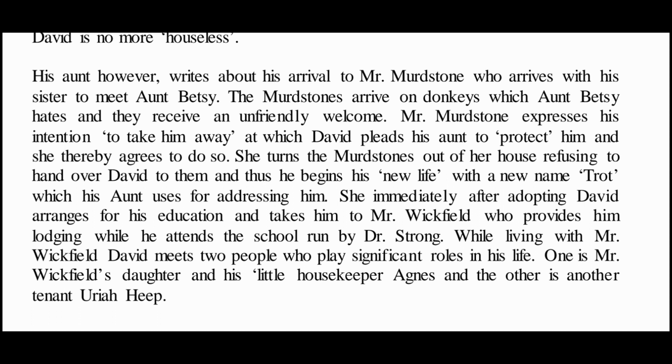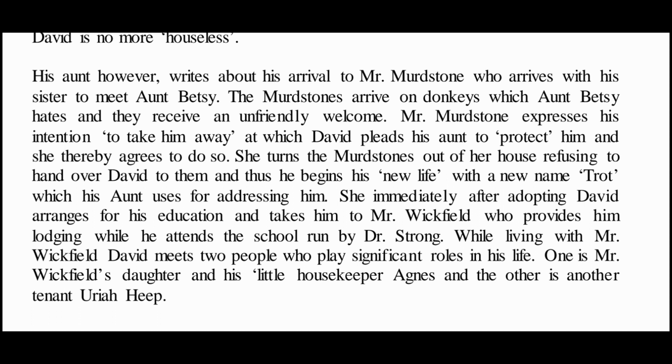She turns the Murdstones out of her house, refusing to hand over David to them, and thus he begins his new life with a new name, Trot, which his aunt uses for addressing him.